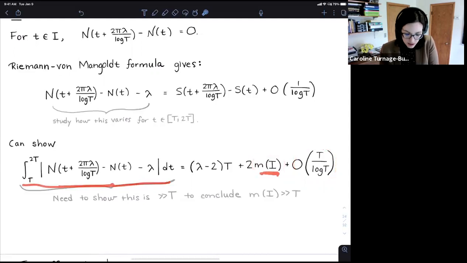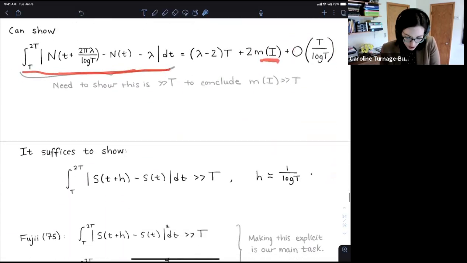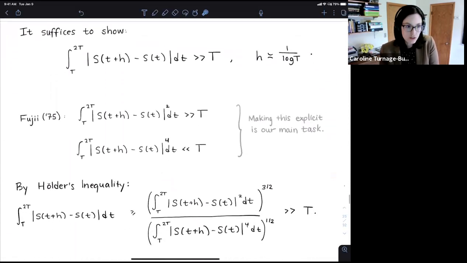Now, how do we do this? Well, this is where we pop over to the argument of the Riemann zeta function. And now we have to start studying moments of the argument of the zeta function on the half plane. So it suffices to show that this moment here is greater than t, and we can do that with Hölder's inequality if we get a lower bound on the second moment and an upper bound on the fourth moment.